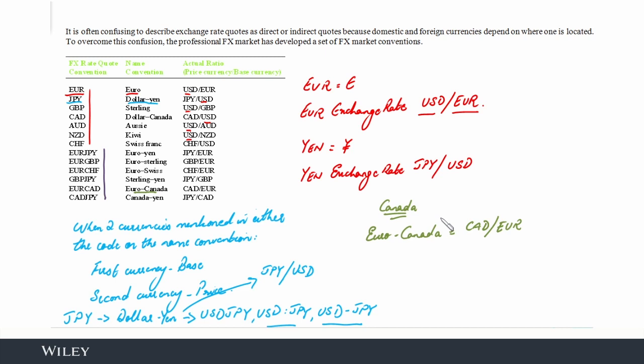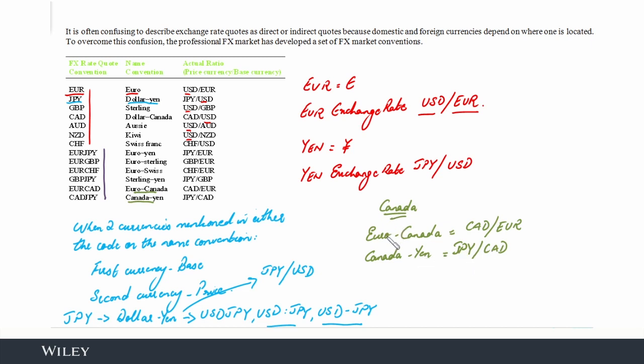This trader in Canada will also face a quote for the Japanese yen, known as Canada yen. Since it is known as Canada yen, you should be able to infer that it expresses the price of the Canadian dollar in terms of the Japanese yen. Right? The Canadian dollar is the base currency, the Japanese yen is the price currency.